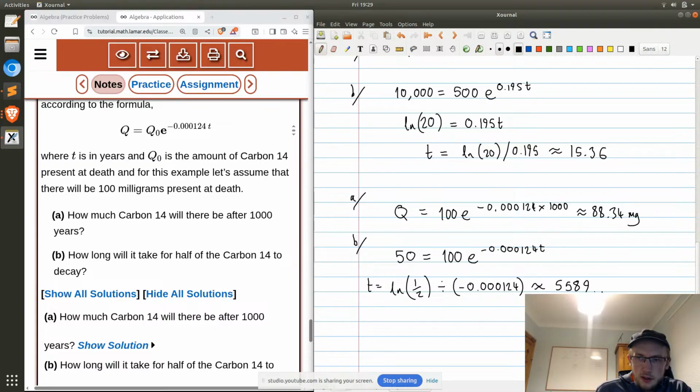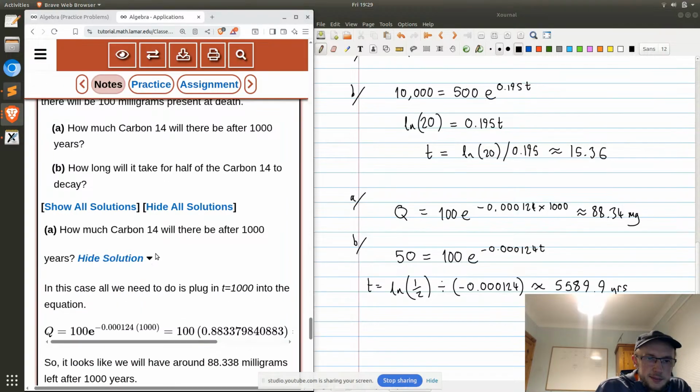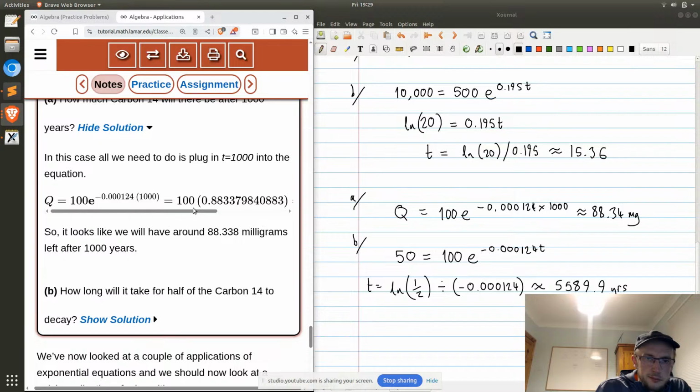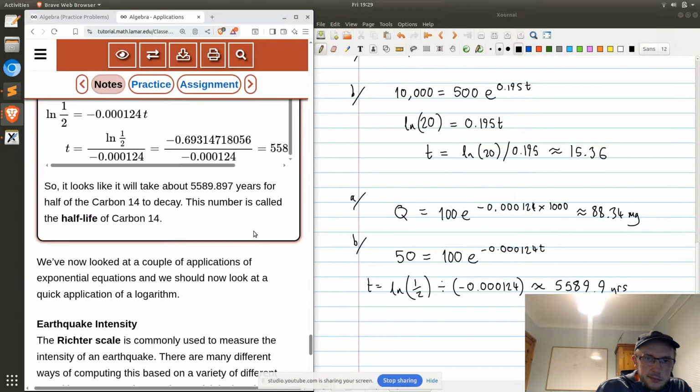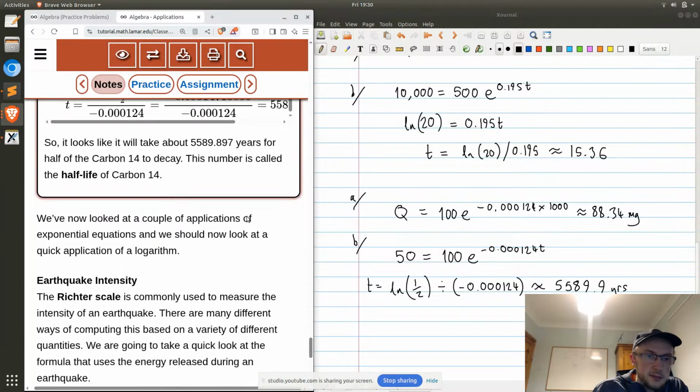It's very close. 0.9 years. We'll round it to 1. Let's see if this is right. Yep, that's correct. And that's correct as well. That's the half-life of carbon-14. That's great.